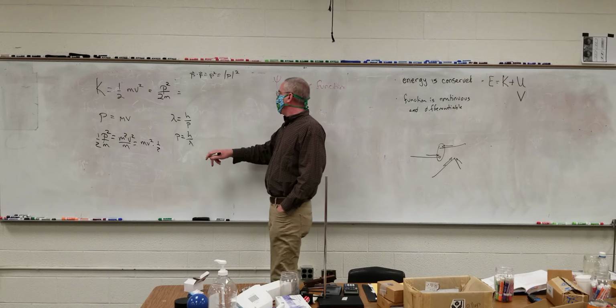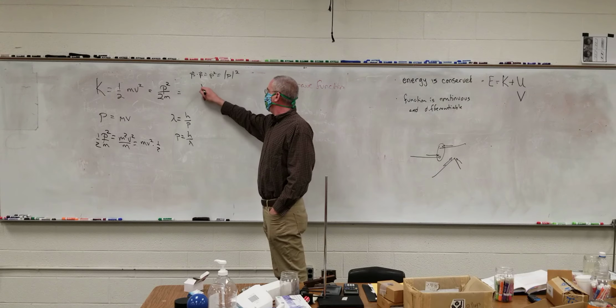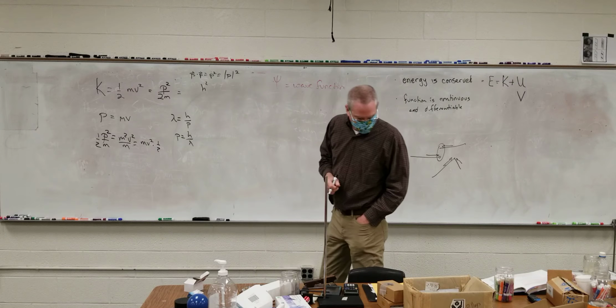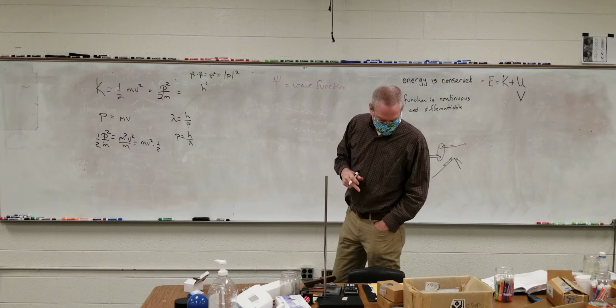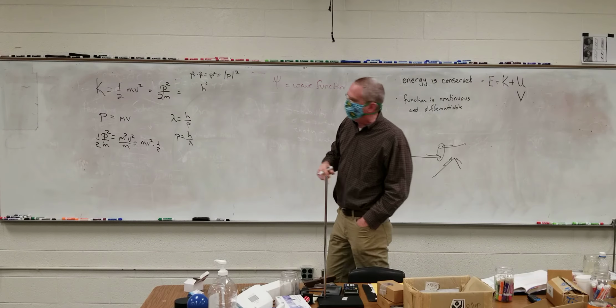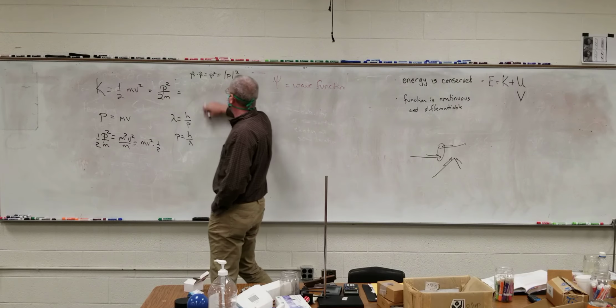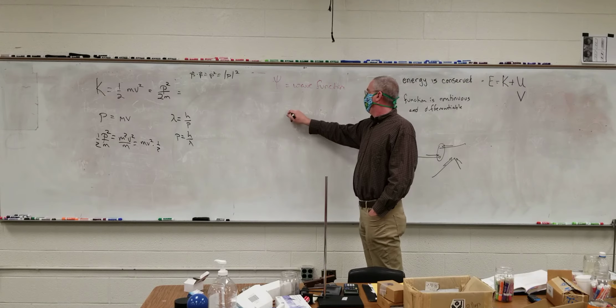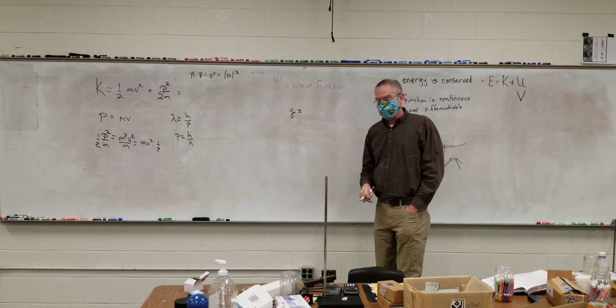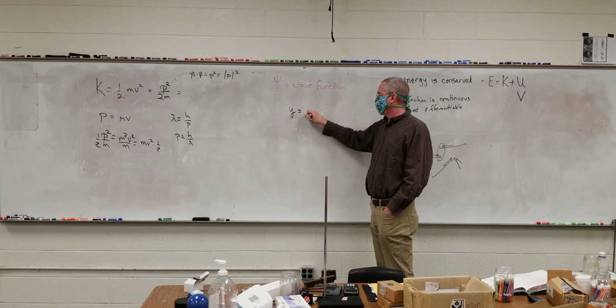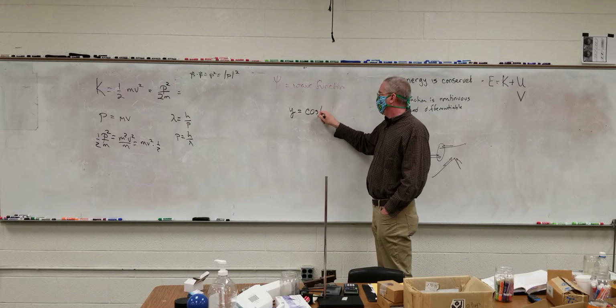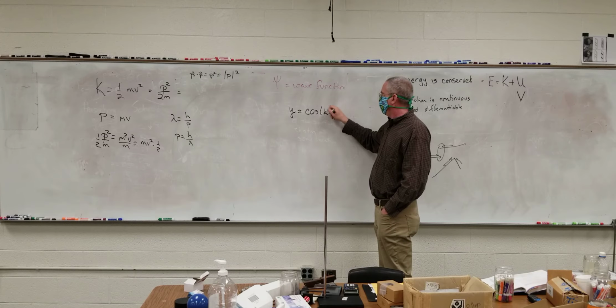And so my kinetic energy over there, I can have h squared. Wave functions are often characterized with sine functions or cosine functions, so we'll just do a cosine of kx.